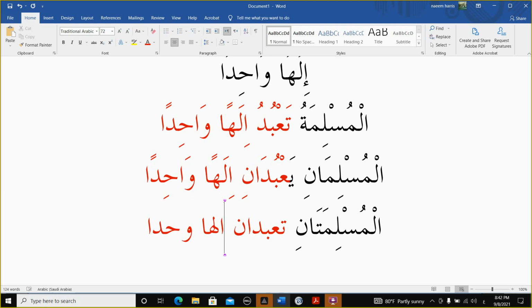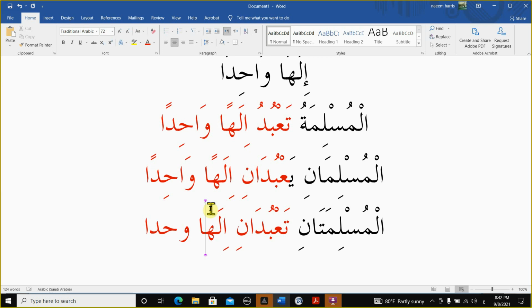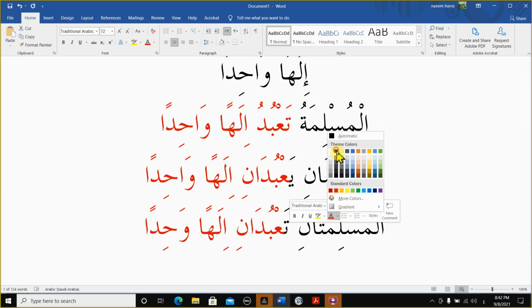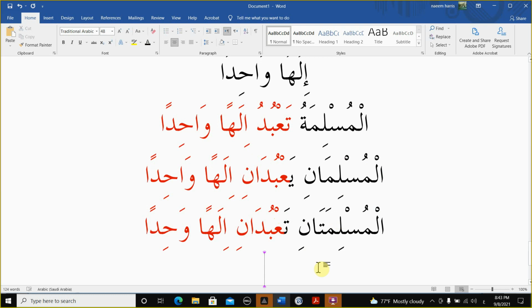The two female Muslims ta'budani ilahan wahidan. The tricky part, ya ikhwan, one of the easiest ways to remember: in the singular, if it's feminine, ta, in the present tense. If it's masculine, ya.